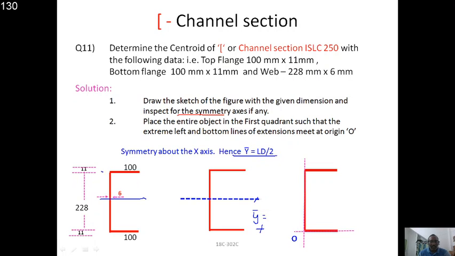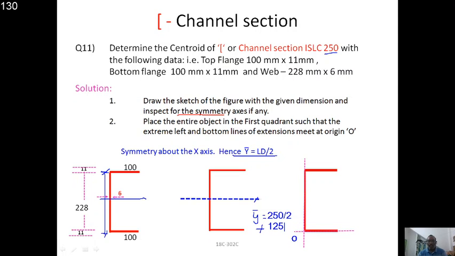So what is the largest dimension in the y direction? From this point to this point, which is given in the problem itself. It is 250, because a channel section is represented with respect to its depth and weight. Now 250 is the total depth. Therefore, I can say that the y bar is simply 250 by 2, that means it is 125 mm.